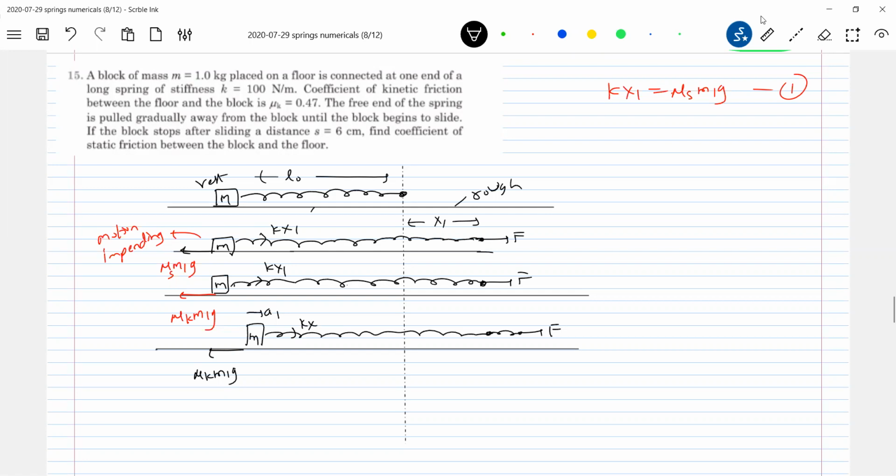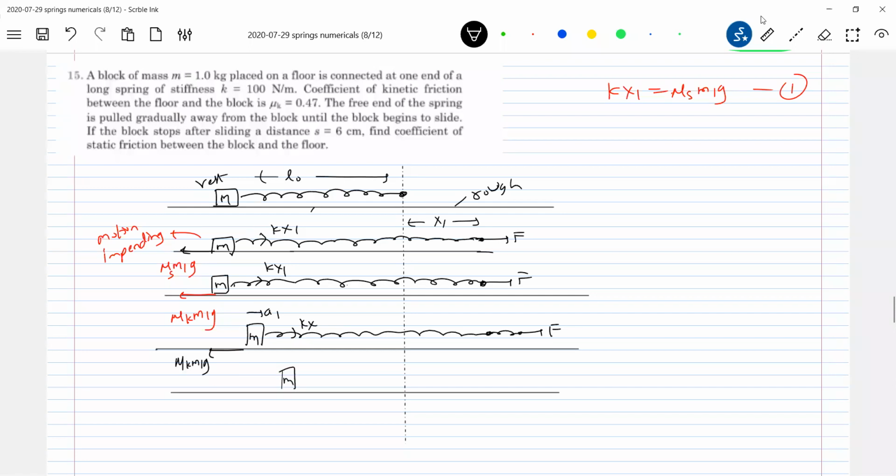At one point, the spring force is balanced by mu k m1 g.